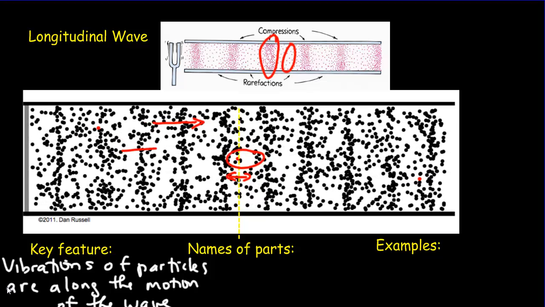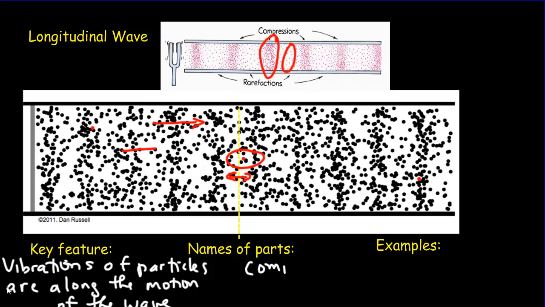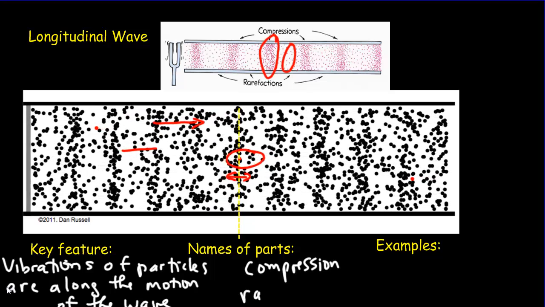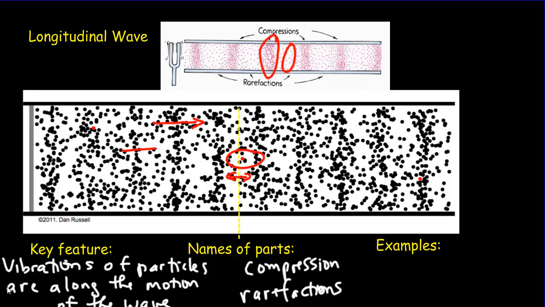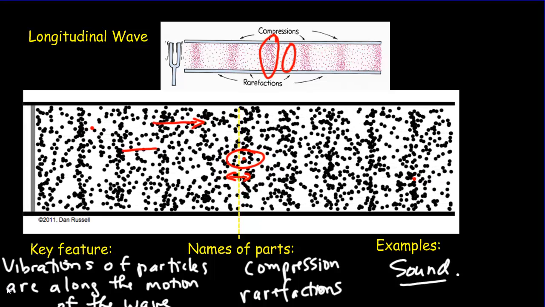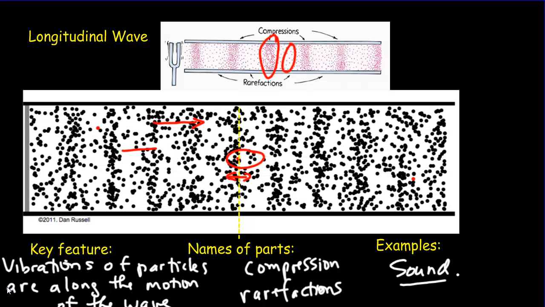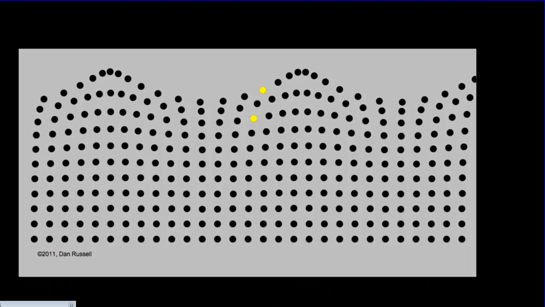The names of the parts, so we no longer call them crests and troughs, we call them compressions and rarefactions. The most common example would be a sound wave. Of course, with a slinky we can generate both longitudinal and transverse waves.